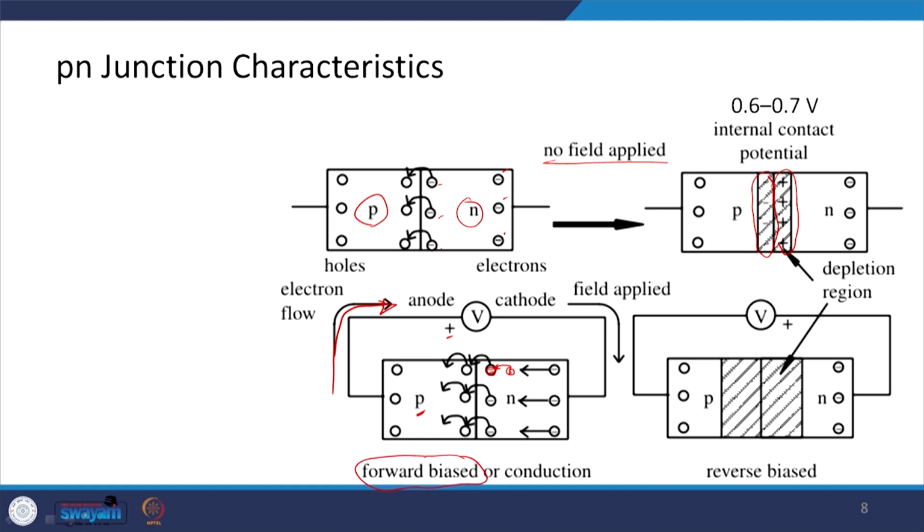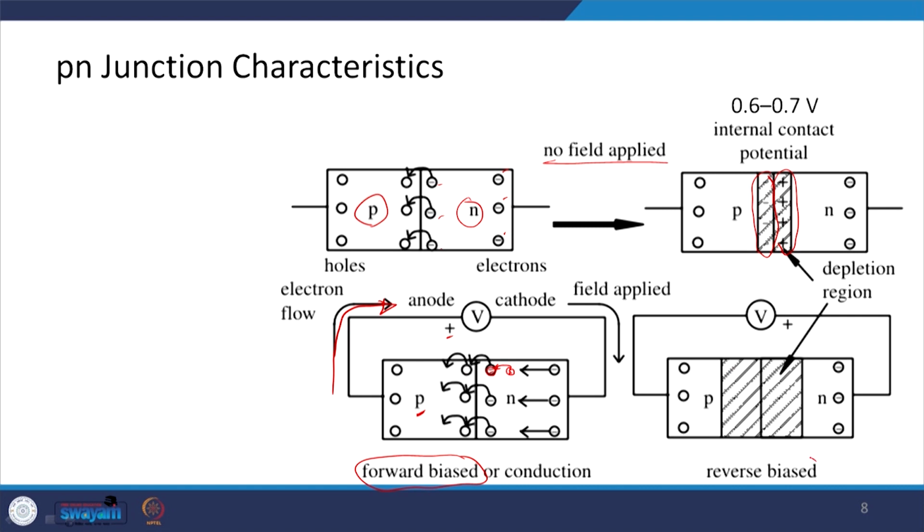And similarly, if we now apply the voltage across these two terminals in the opposite way, that is the positive side is connected to the n type material and the negative side connected to the p type material, then because these charges will be attracted towards the anode, the depletion region here will be increasing, further prohibiting any motion of the electrons across the junction.